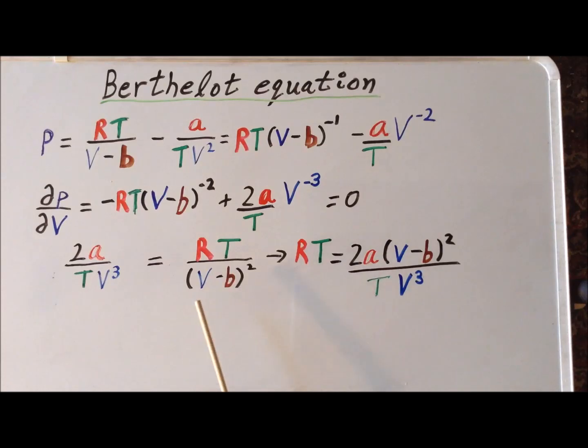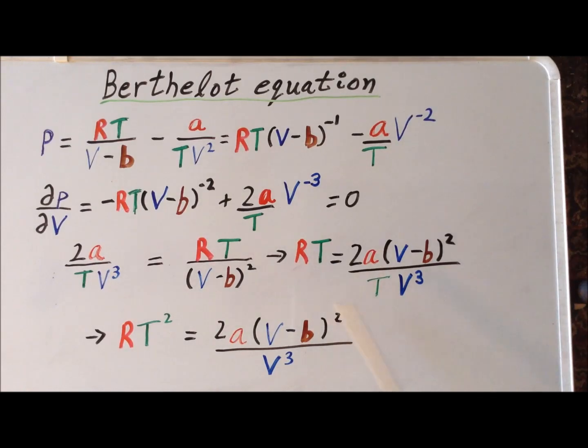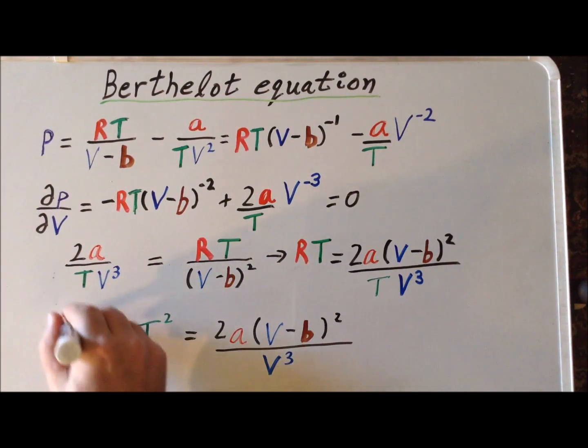Then, multiplying each side by the quantity v minus b squared, we get that RT equals 2 times a times the quantity v minus b squared over T v cubed. Multiplying each side by the temperature T gives us that RT squared equals 2a times the quantity v minus b squared over v cubed. Let's keep this equation in mind because we're going to use it in a little bit, and we shall refer to this equation as equation 1.